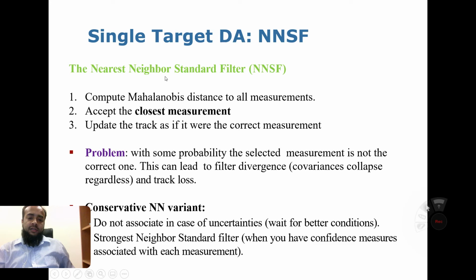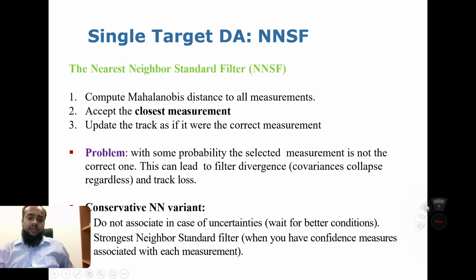In the nearest neighbor standard filter, we compute the Mahalanobis distance to all measurements. Suppose there are many measurements, 30 or 40, in the surveillance region. We compute the Mahalanobis distance to all measurements in order to accept the closest measurement and to develop the validation gate.